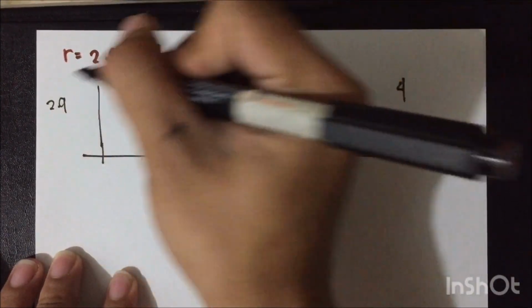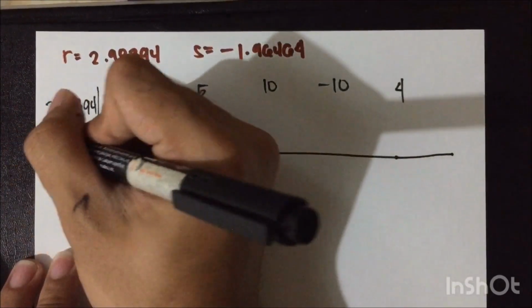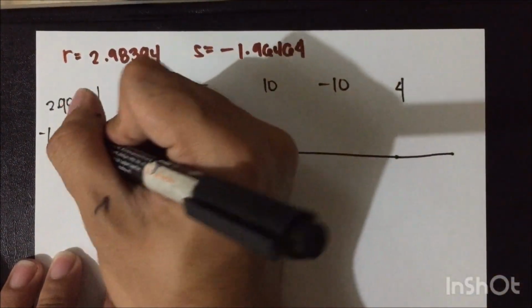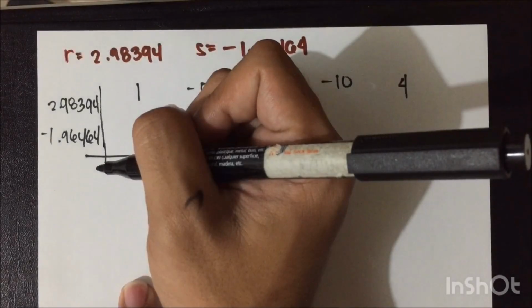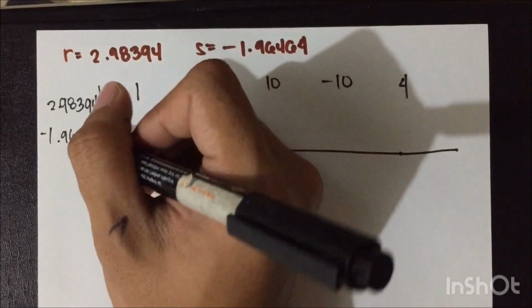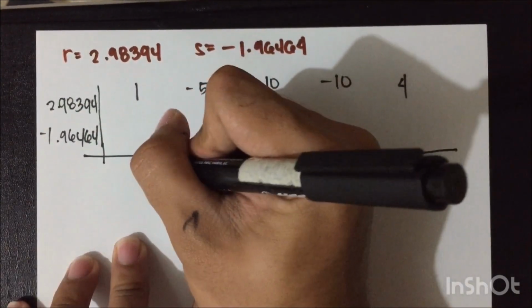We divide this by the value of R and S. 2.98394. At para sa value na S, we have negative 1.96464. So, let's bring down 1.